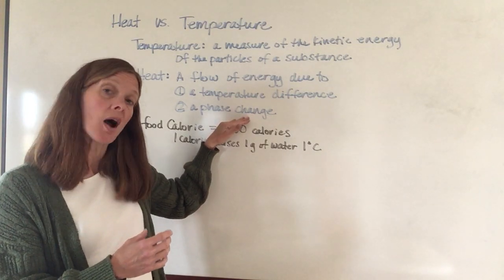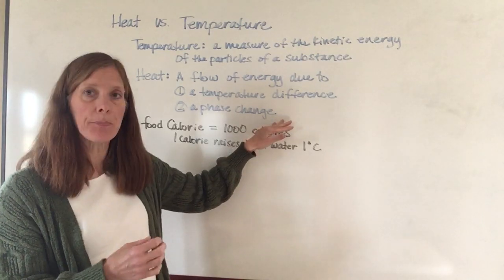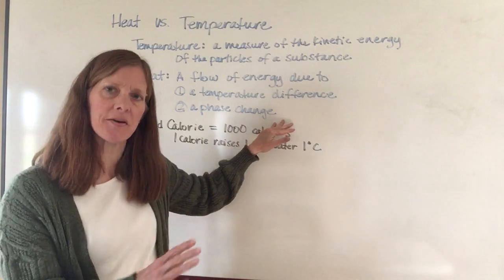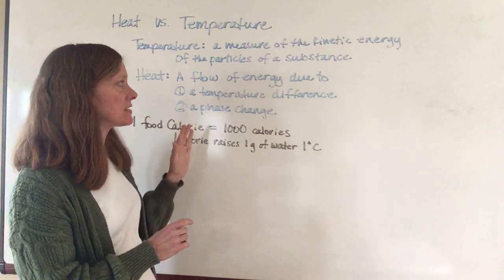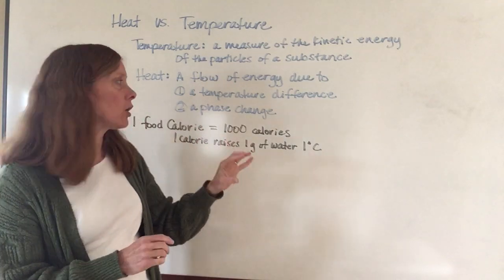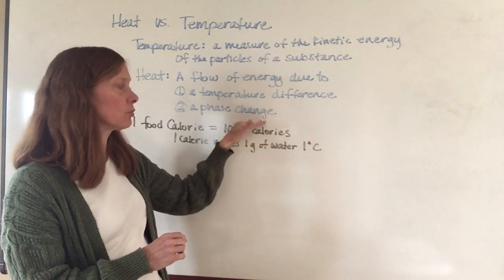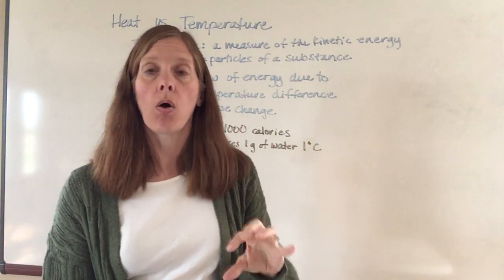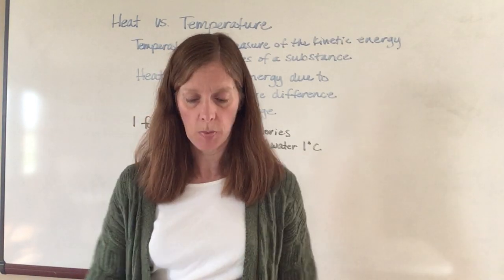Now, as we'll talk about a little bit later in the chapter, both of these things can happen, but they cannot happen at the same time. But I'm getting ahead of myself. So for right now, just be aware that heat will flow, and it will either cause a change in temperature or it will cause a change in phase, meaning from a solid to liquid, or from a liquid to a gas, or it can also go the other way around as well.